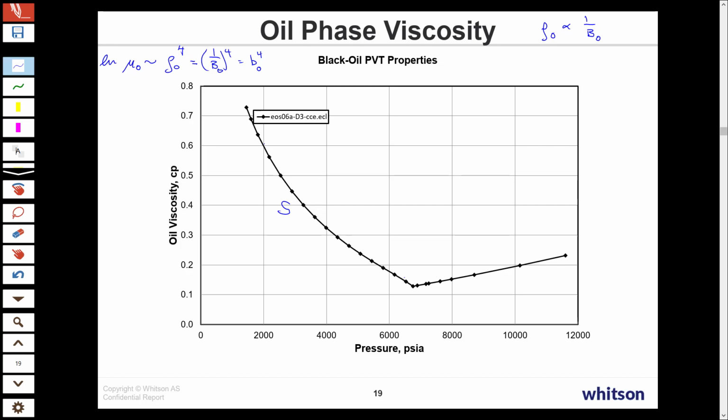It's increasing dramatically because of the gas coming out of solution. Consider the solution gas like a lubricant. You're losing the lubricant from the oil, and you're going to get a more and more viscous oil. The viscosity change for the undersaturated region of pressure for the initial oil is going to increase, but that's simply because the density is increasing as the pressure increases.